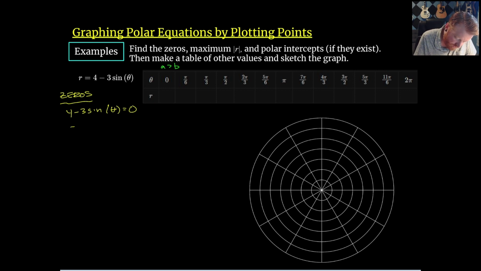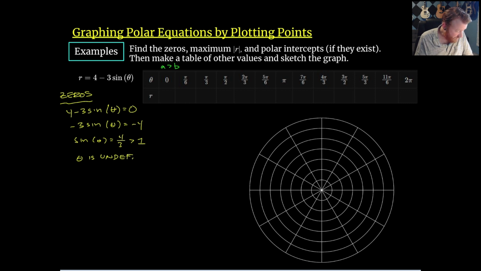If I subtract 4 from both sides, we'll get negative 3 sine of theta equals negative 4. Then we'll divide both sides by negative 3, and we'll get sine of theta equals 4/3, which is bigger than 1. That means there is no theta value that will do this. Theta is undefined, which means that there are no zeros.